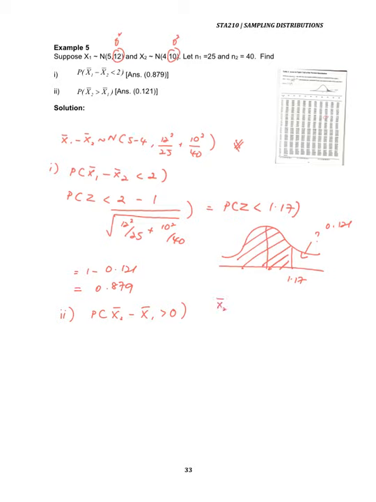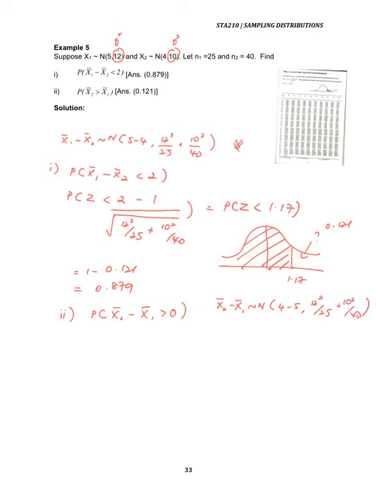X bar 2 minus X bar 1 has normal distribution with, okay, mu dia kena buat mu2 minus mu1 lah. So 4 tolak 5, negatif 1 kan. So dia punya variance tak berubah, standard error tak berubah. 12 kuasa 2 per 25 tambah 10 kuasa 2 per 40.